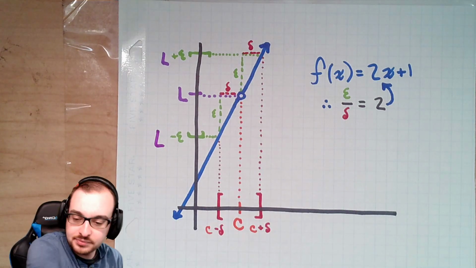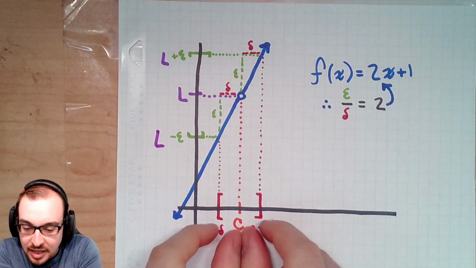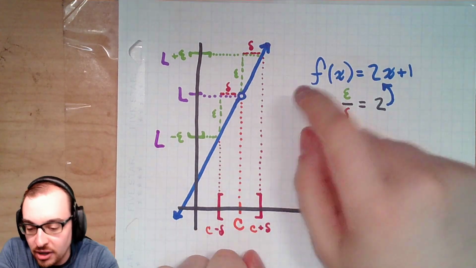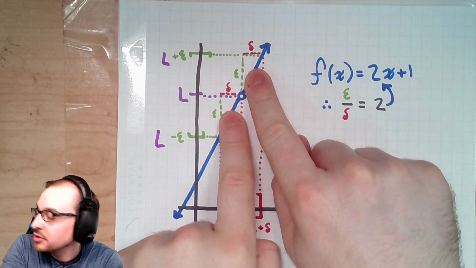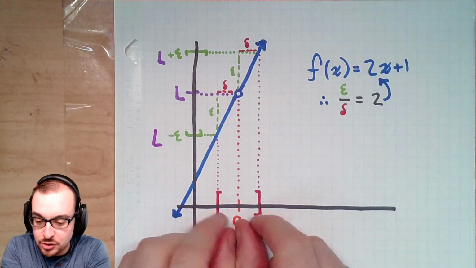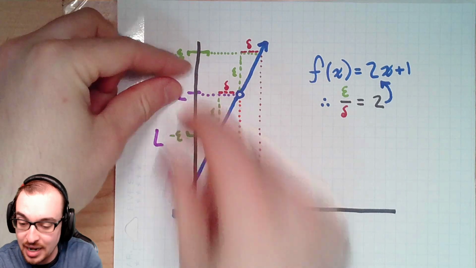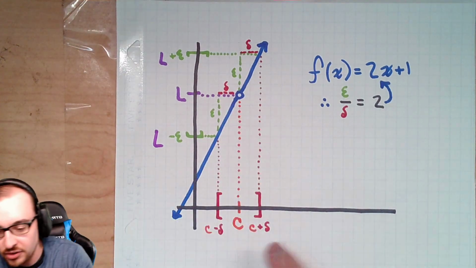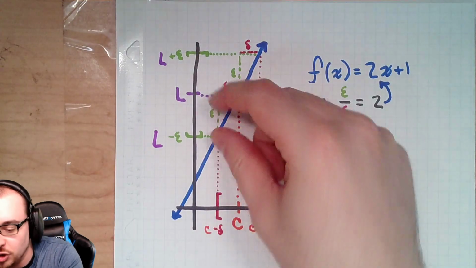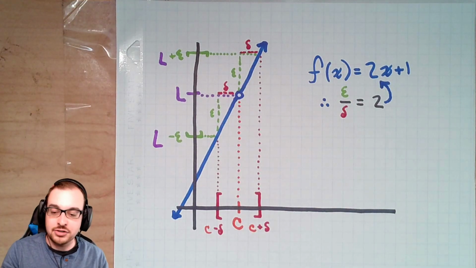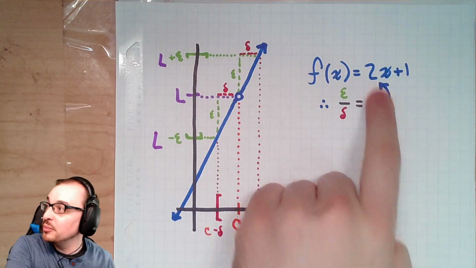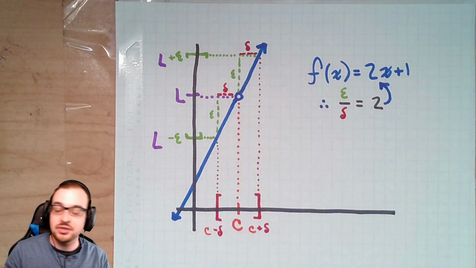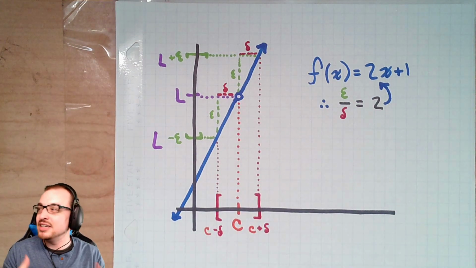And so as that range contracts and gets smaller and smaller, really what it's doing is the relationship between how much we contract this and how much this gets contracted as this shrinks will be equal to the slope, right? Because that's really all this is. We're having a horizontal change over a vertical change. And so for a linear function, the slope will be the relationship between epsilon and delta. And that relationship is something we're going to have defined to do our proof.